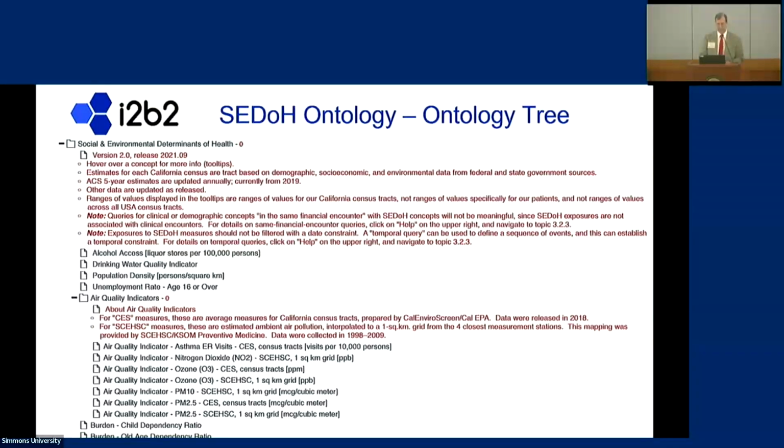We have alcohol accessibility, which is the number of liquor stores per 100,000 population. Drinking water quality. Again, this is not information reported by the patient. This comes from government agencies, and we assign the values for where the patient is living in that census tract. What was the measure for the people living in that vicinity?